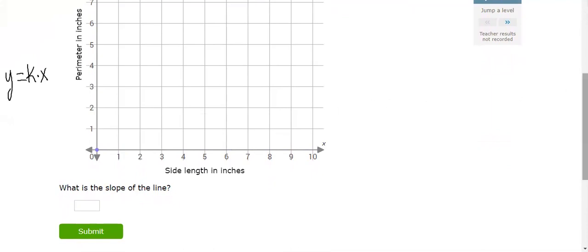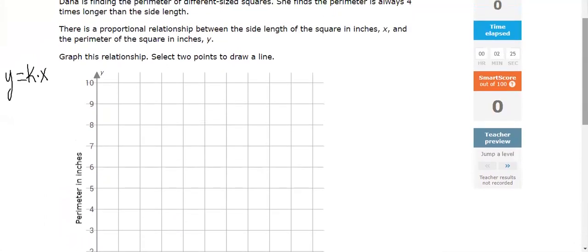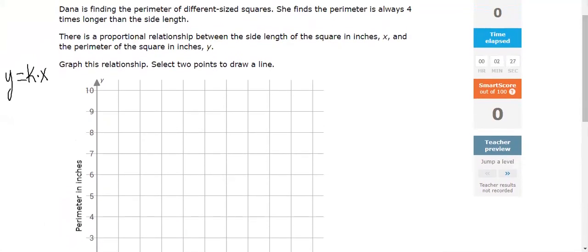Okay, so let's look at this example. I'm not going to read the entire question, but I'm going to read the important part. It says we have to figure out the x and the y first. So let's start with x.